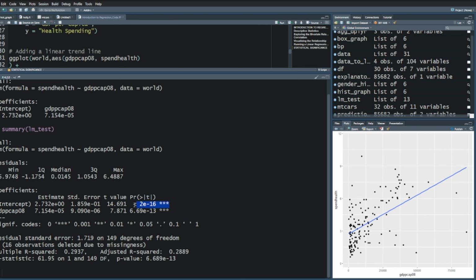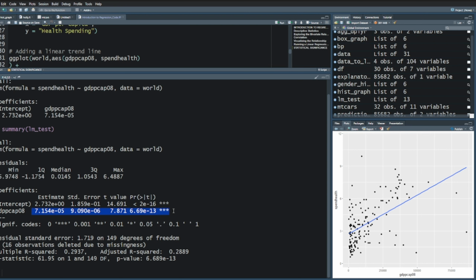So that is how you interpret this. If you're writing a paper on this, you would interpret this as a unit increase in GDP per capita leading to 0.00007 unit increase in health expenditure, and this result is highly statistically significant.